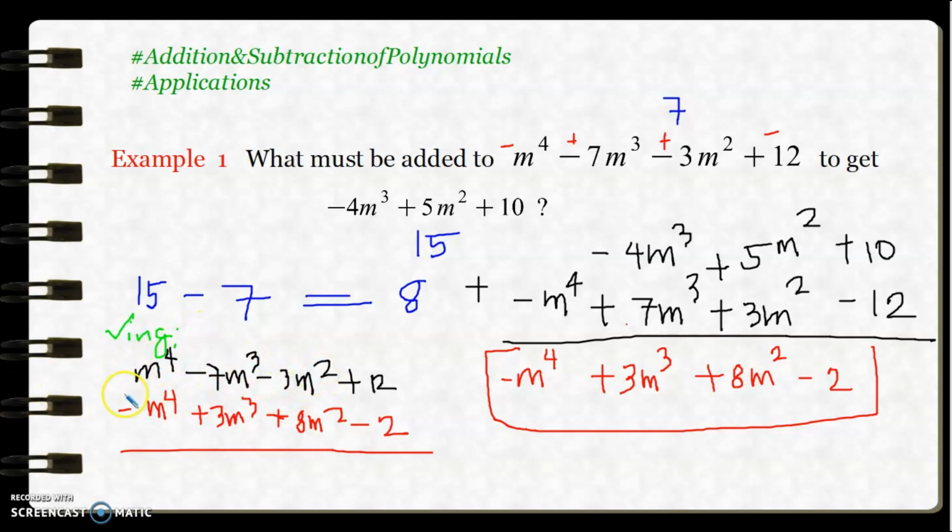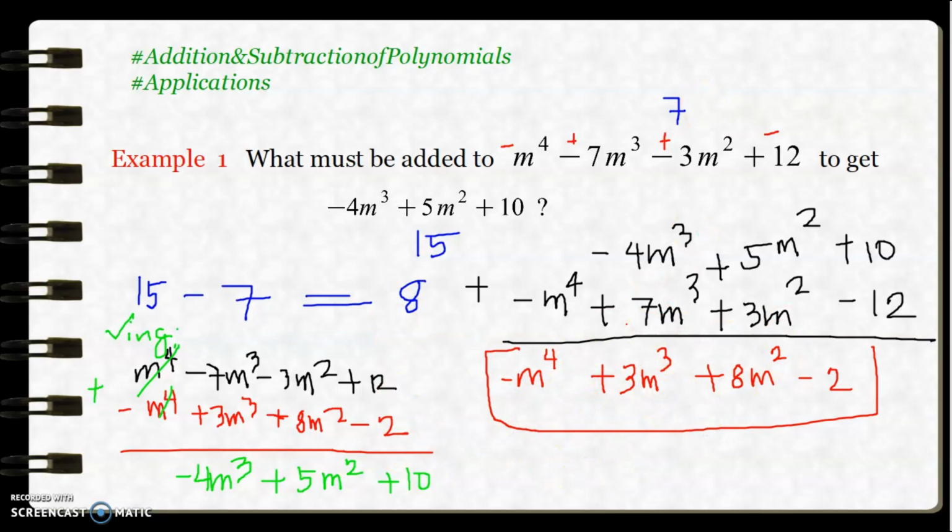When we have m to the fourth and negative m to the fourth, those are eliminated. Negative 7 plus 3 is negative 4. Copy m cubed. Negative 3 plus 8 is positive 5. M squared. And 12 and negative 2 is positive 10. Is this the second polynomial given? Yes, we got it here. So that means our answer is correct.